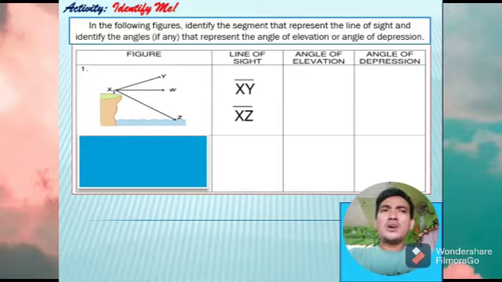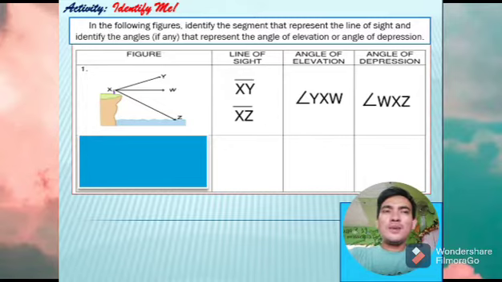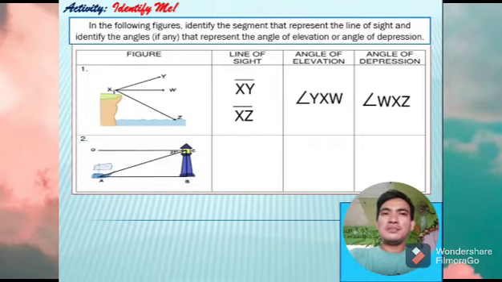Is there any angle of elevation? Yes, there is. It is angle YXW. How about angle of depression? Well, it's there. That is angle WXZ. Now, let's proceed to figure number 2. If you'll be on the top of this, how do we call this one?